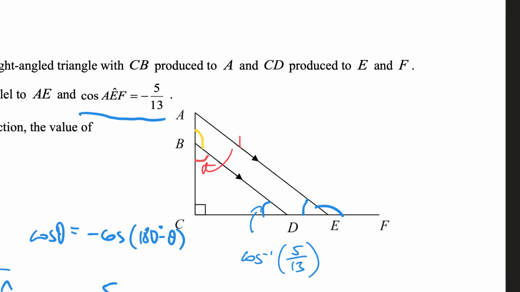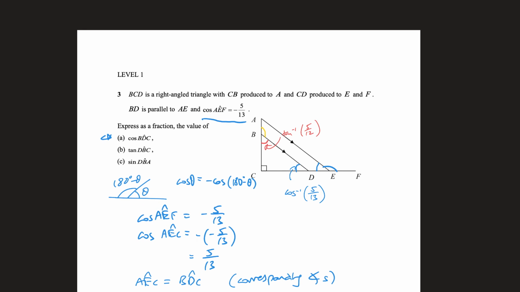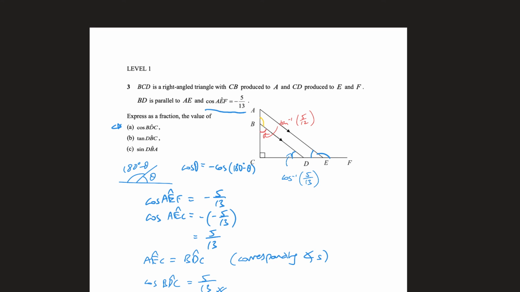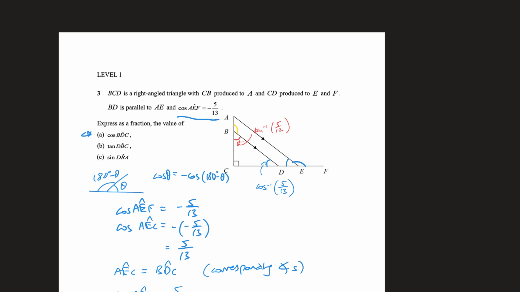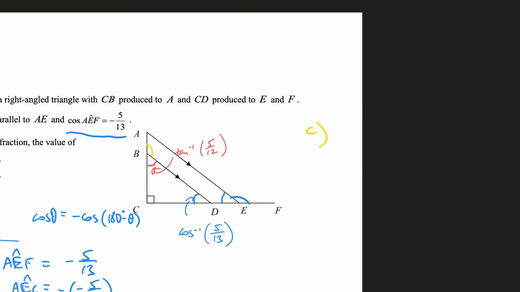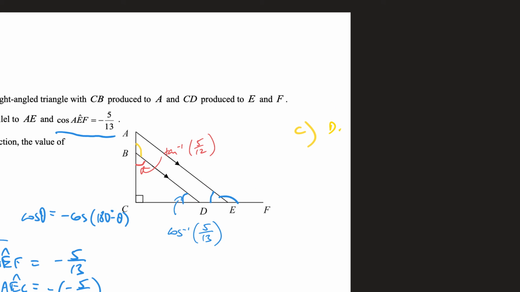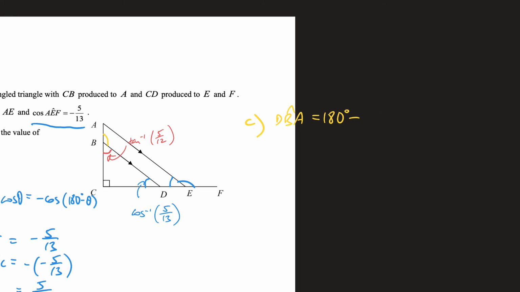So this angle is actually tangent inverse of 5 over 12, the angle itself. So sine DBA is simply, if I were to do it maybe here, part C, I can say that DBA is simply 180 degrees minus tangent inverse 5 over 12.